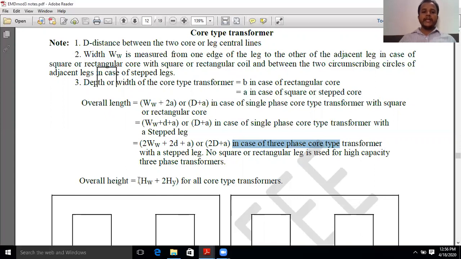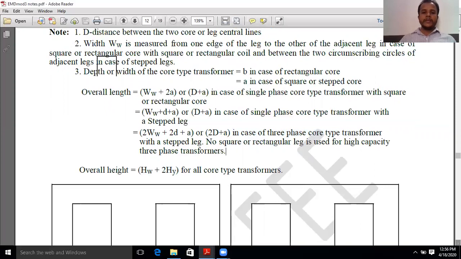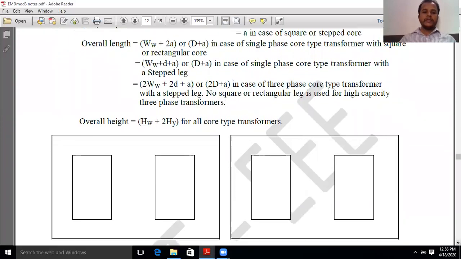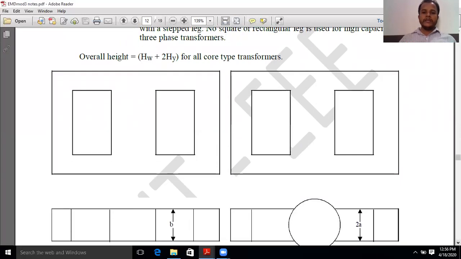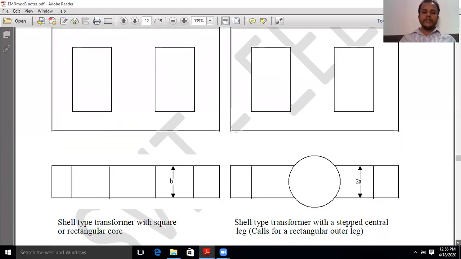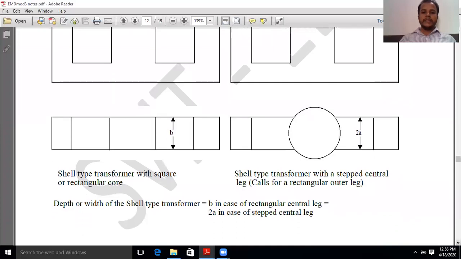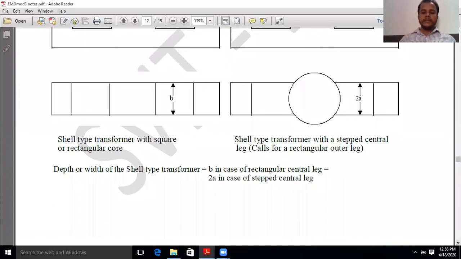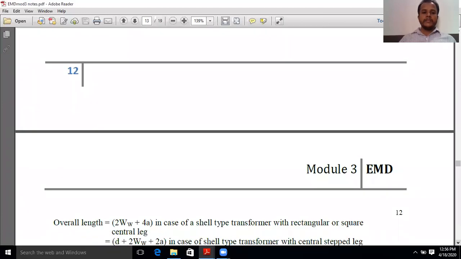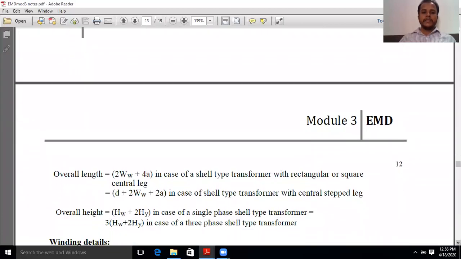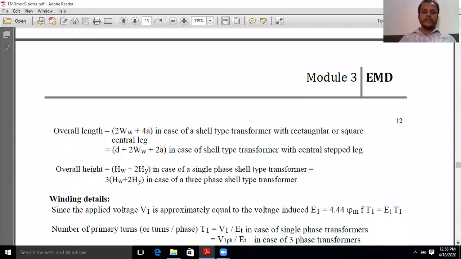Then the overall height for the core type is Hw plus 2Hy. Now we'll see the overall length for the shell type transformer.